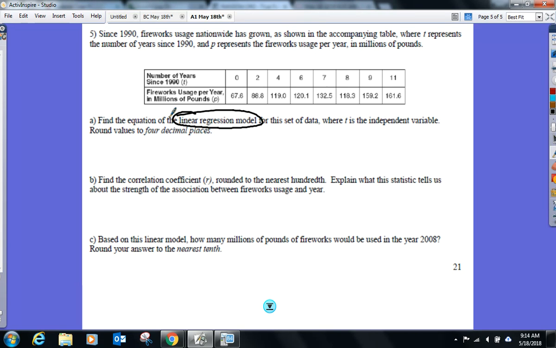Could be worse. We could do them all by hand and finding the equation of the line, except our calculator's doing it all for us.